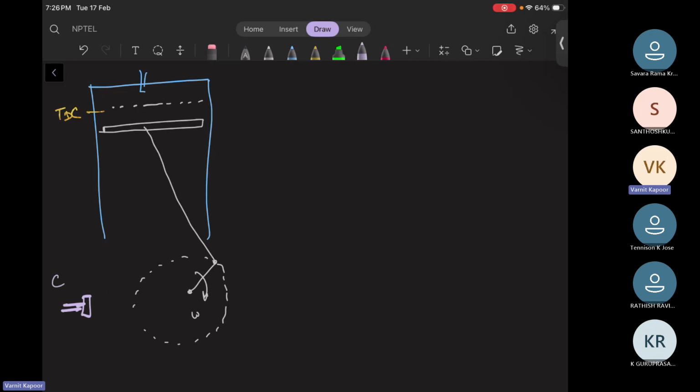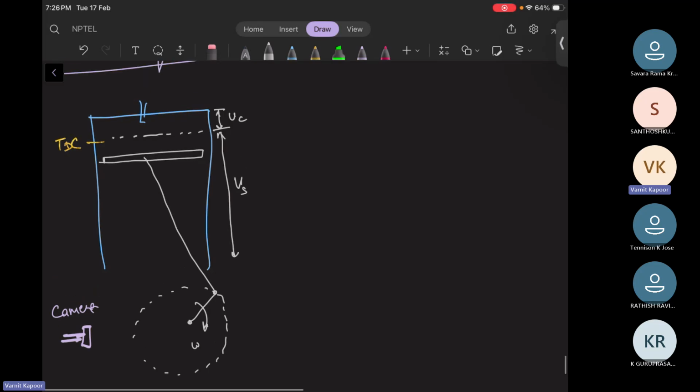Let me write again. I'm doing the time analysis. So this is your clearance volume Vc, and from here till here it's your swept volume Vs. So from top dead center to bottom dead center, what is actually happening in the piston cylinder?